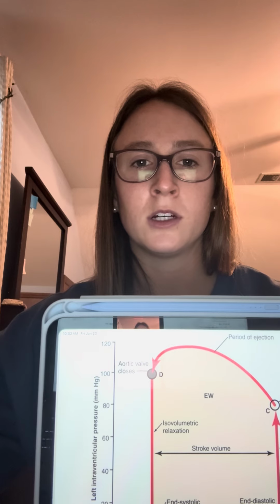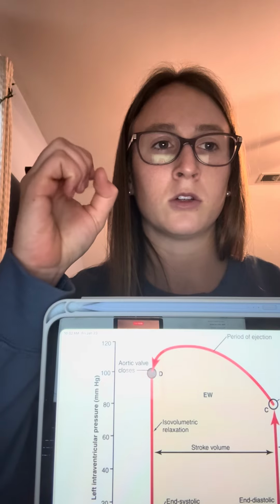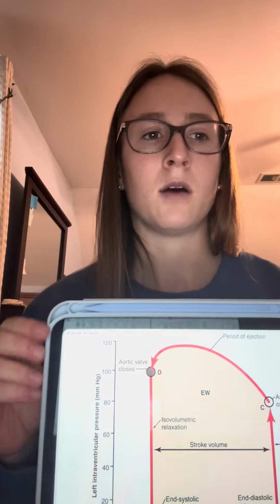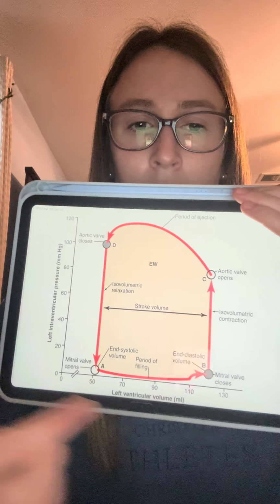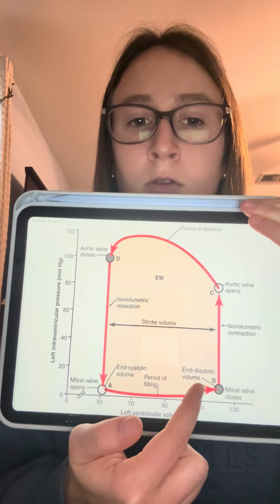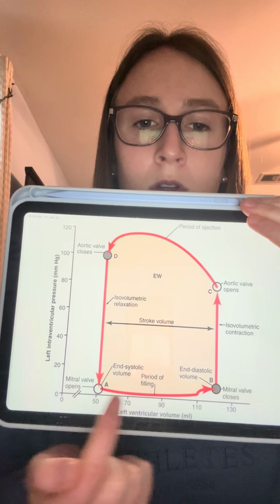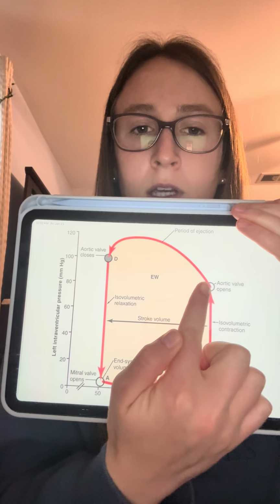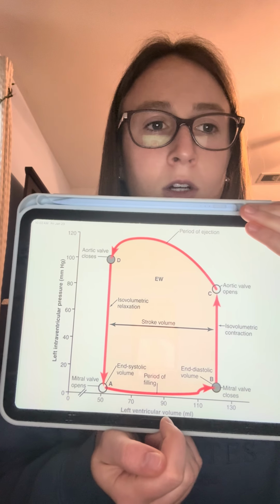So the next phase is isovolumetric contraction, and during this, the ventricle begins to contract, but both the valves are still closed, so it's just building up pressure. On the loop, you can see from B to C, there is no change in the volume, and then it's rapidly increasing in pressure.